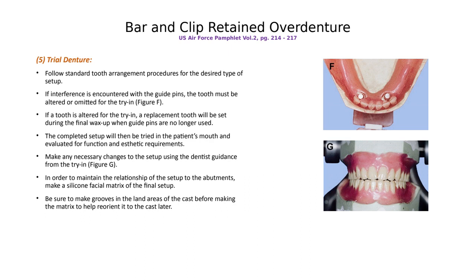And once we have everything set up in wax, it is sent out to the dentist for a try-in. Another way to ensure this, when we set up the teeth or fabricate the try-in denture, is that we have the master casts done properly, and the location and position of the abutments are correct, exactly how they are in the patient's mouth.